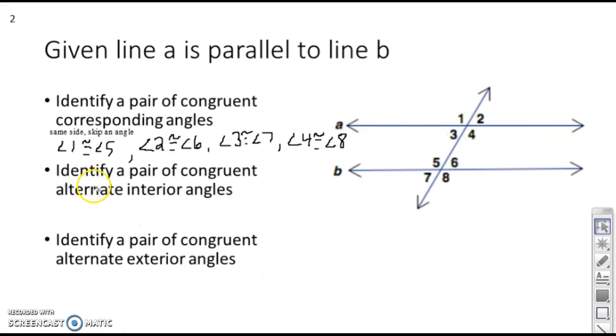It also says identify a pair of congruent alternate interior angles. Well, the way I think of alternate interior is they're on the opposite sides of the transversal. And interior means they are inside the parallel lines.